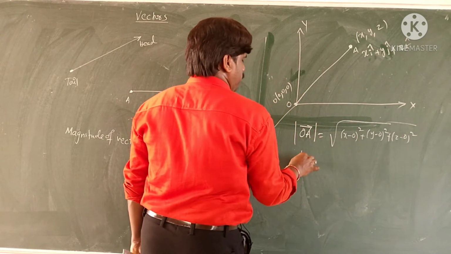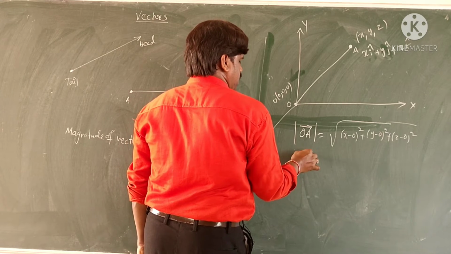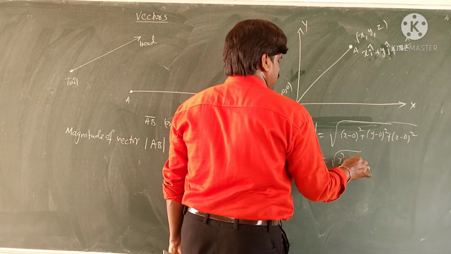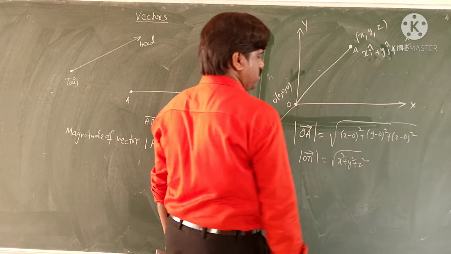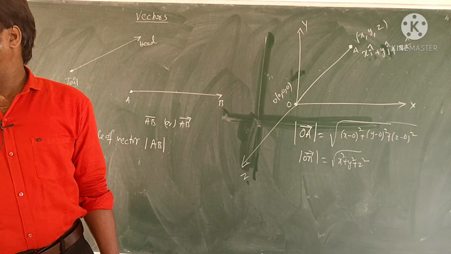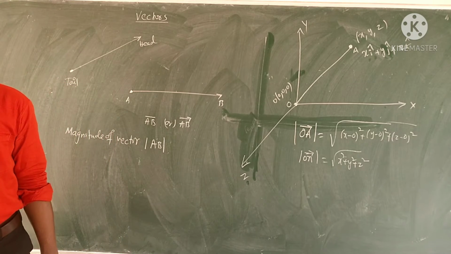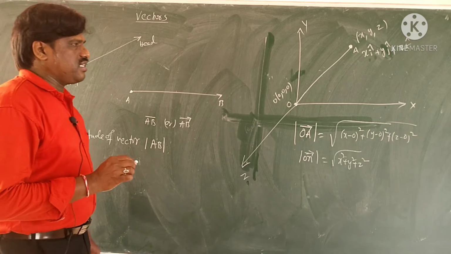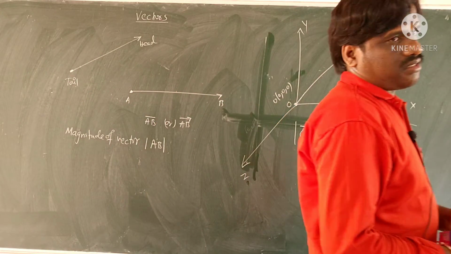Therefore the magnitude of OA we write as the square root of x square plus y square plus z square. Understood? This is the magnitude of a vector. Suppose any vector is given, then we can find its magnitude.